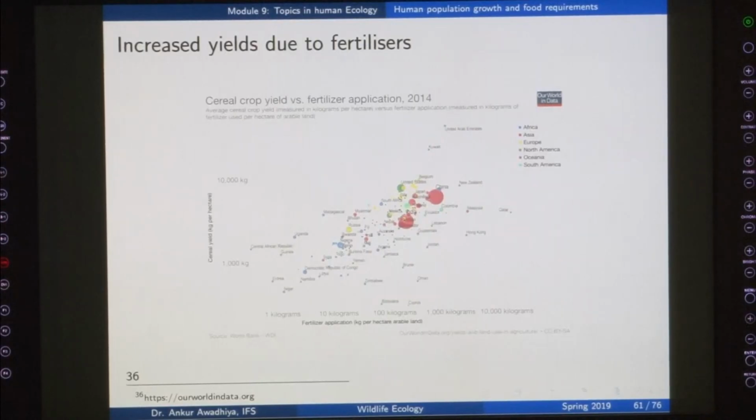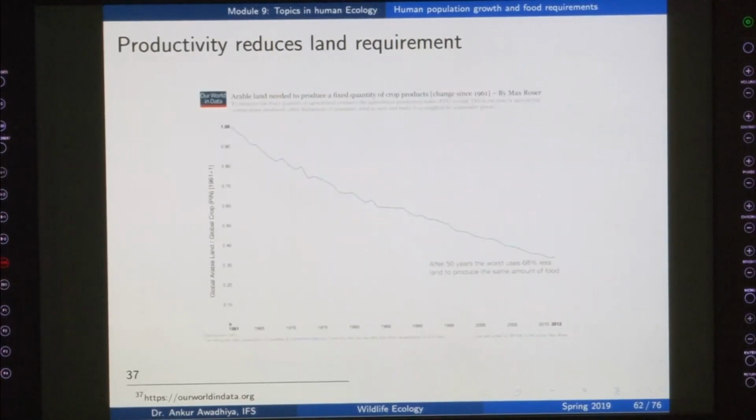So, with more fertilizer application, the yields have been increasing, and the yields have been increasing so much that now our requirement of land has practically saturated. We do not need much more land for producing more and more crops.